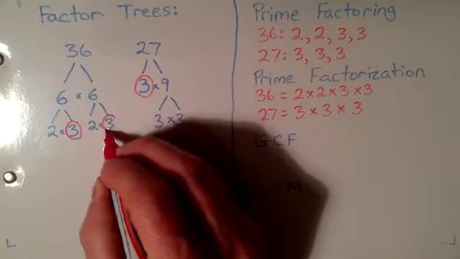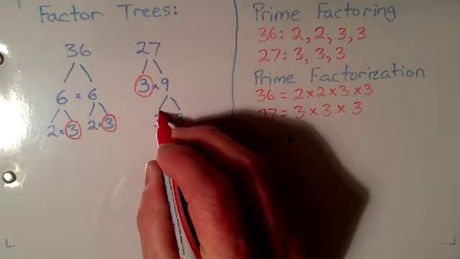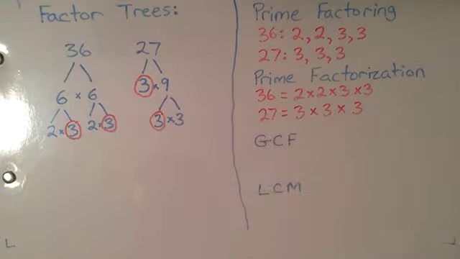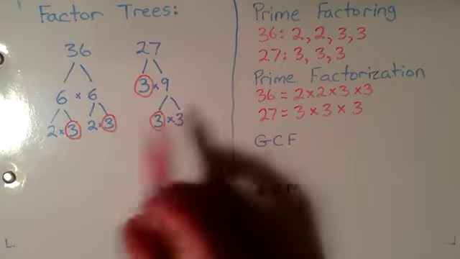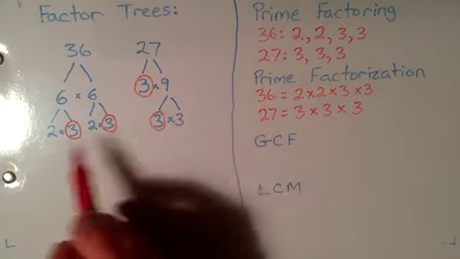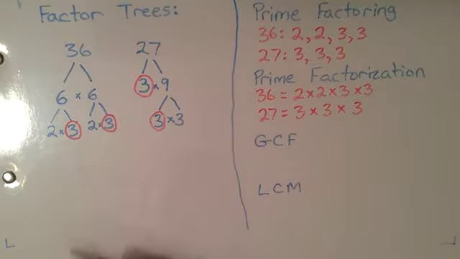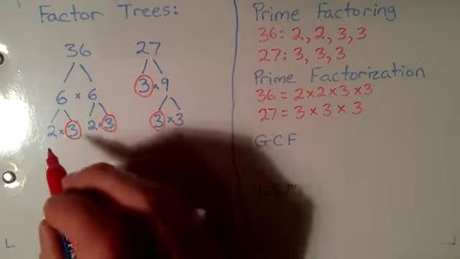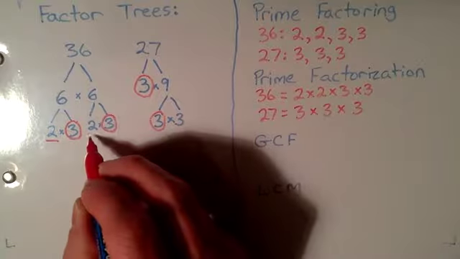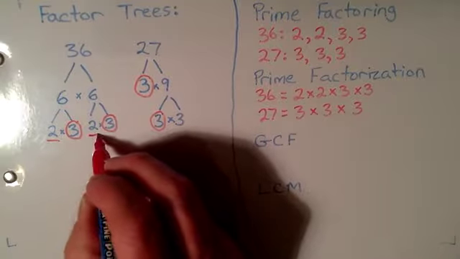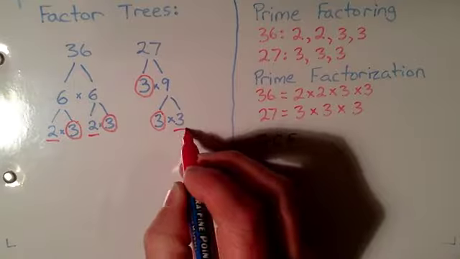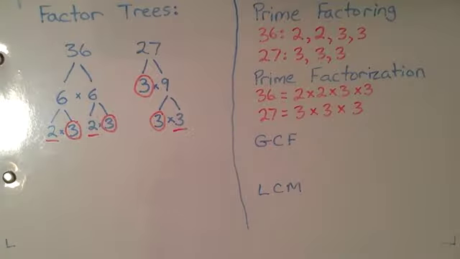I've got a 3 here and a 3 here, so I'll circle both those. Now, after I've made those, there's no more common factors between those two trees. So I just underline the remaining numbers. So there's an extra 2 here, there's an extra 2 here, and there's an extra 3 here. That information is all going to be useful.